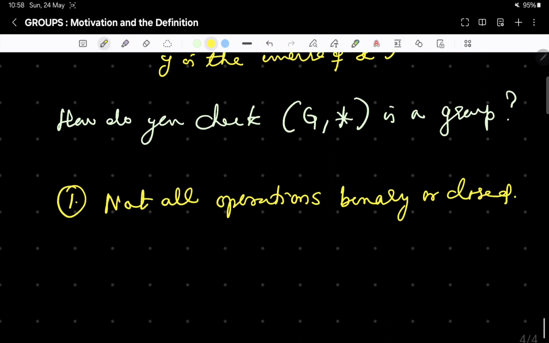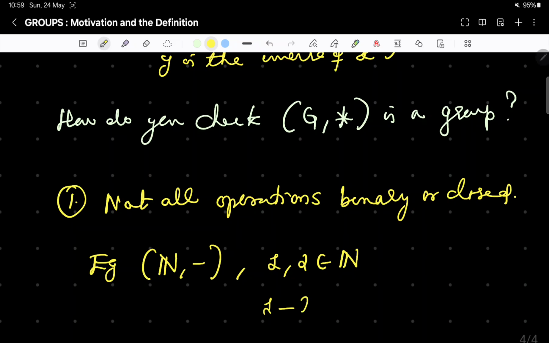Can you give me an example? Think of an example. An example is simply you take natural numbers under subtraction. If you take 1 and 2 from natural numbers and you do 1 minus 2, your answer is minus 1. Unfortunately, minus 1 is not inside N.